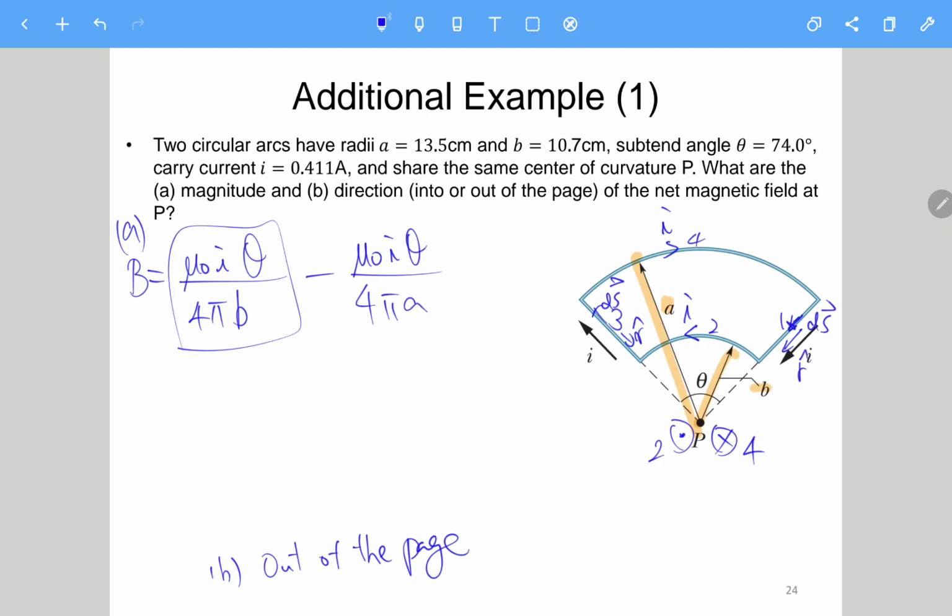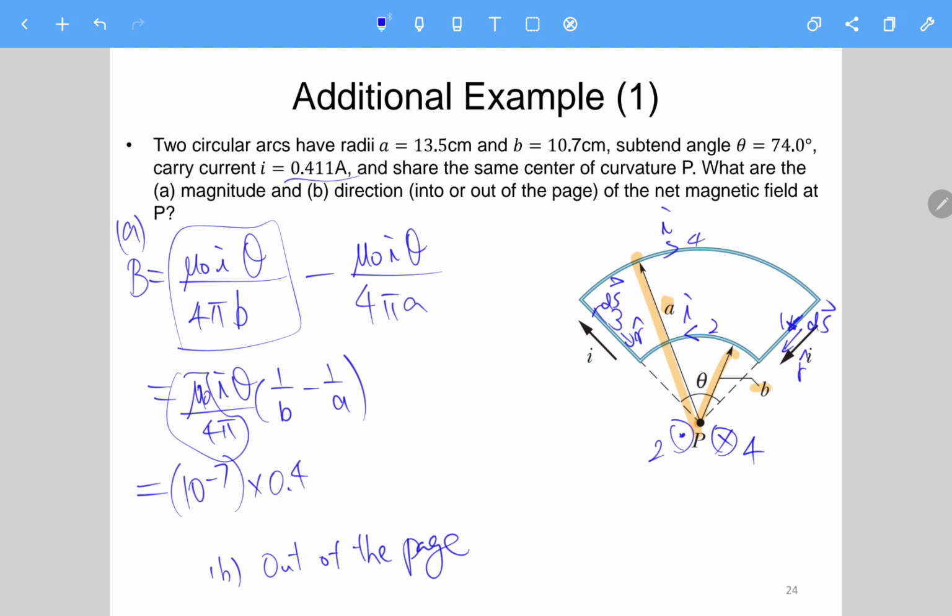For part A, we calculate the magnitude. We just need to plug in the numbers: mu0 I theta over 4 pi, and then 1 over B minus 1 over A. Mu0 over 4 pi, for this whole thing, is 10 to the negative 7. And then times I, which is 0.411, and then times theta. We actually need to use radians, so we need 74 degrees over 180 degrees, and then times pi radians.